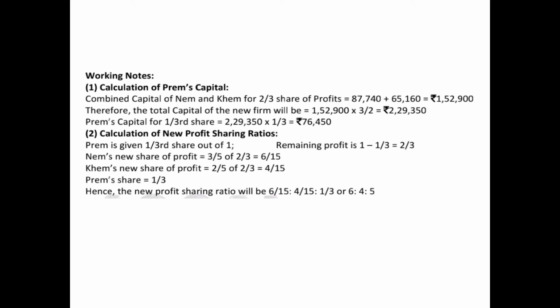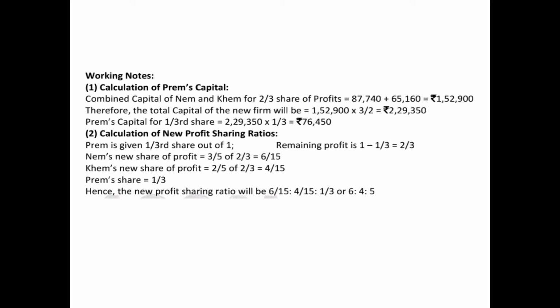Then step number 2 is what we will do. We will apply the formula for calculating total capital of the new firm, that is the adjusted capital multiplied by the reciprocal of the remaining share, that is the reciprocal of 2/3, which came to 3/2.